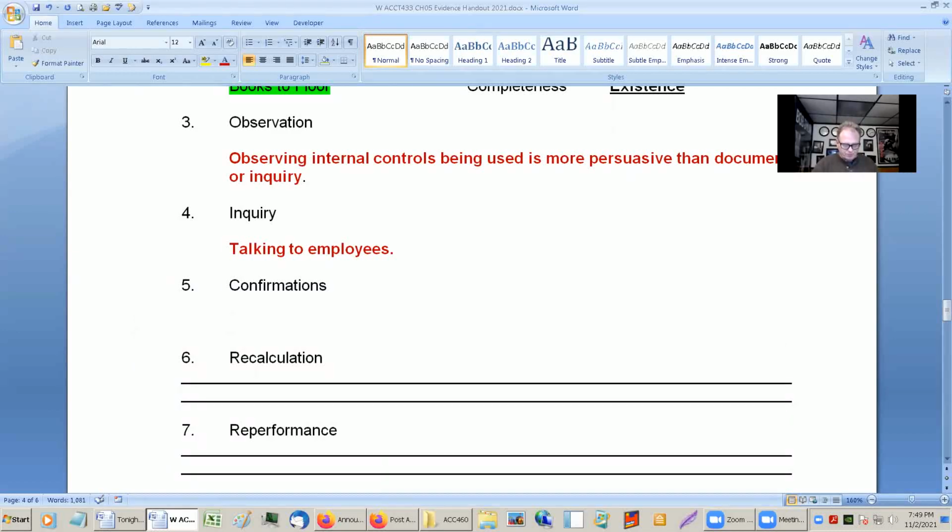Confirmations. These come directly from third parties to the auditors.